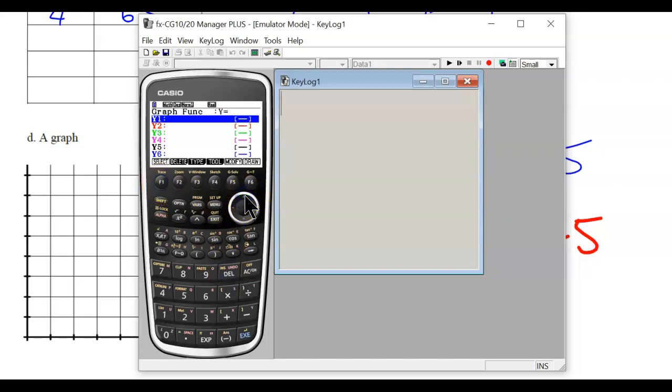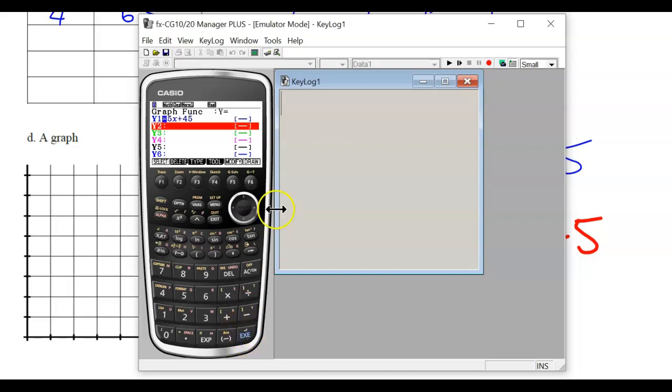Okay, go back to Y1 and then do the same thing, 5, and your variable key is called X, theta, and T, so it's over here for mine, and then plus 45, enter, or cursor down out of that.